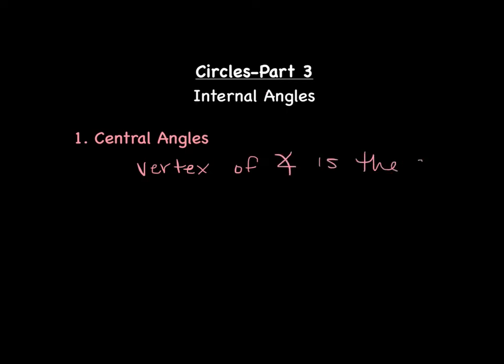The first is what are called central angles. These angles are formed where the vertex of the angle is the center of the circle, hence their name.